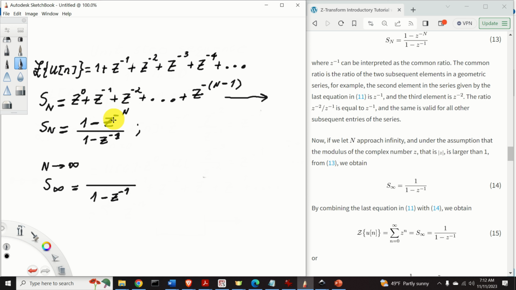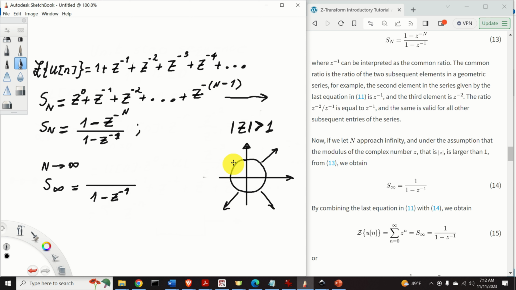Under the condition that this series converges, and I'm not going to discuss the definitions in more detail, I will just say this: under the condition that the modulus of z is larger than 1, that is, for complex numbers outside of the unit circle that's represented like this in the complex plane, that is, for the complex numbers that are over here, this infinite sequence will converge.